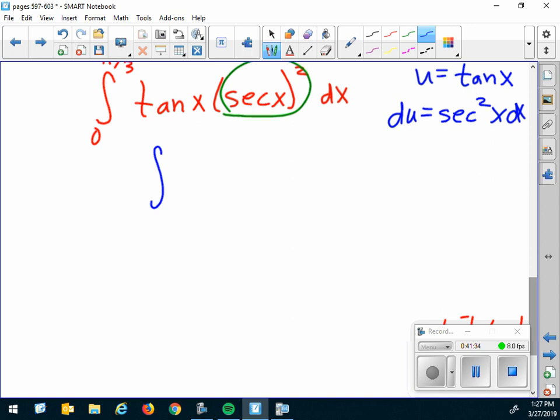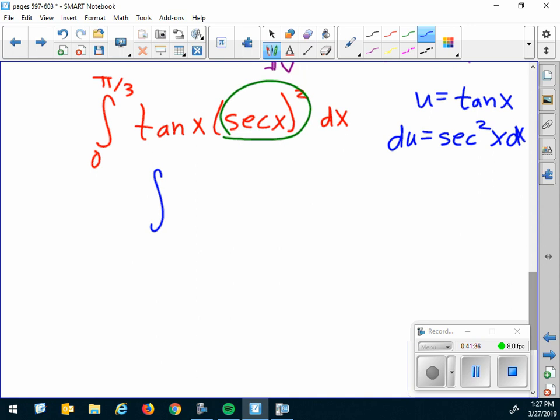I mess up. You guys have known me long enough to know I mess up. What am I going to have right here then? That's it. This is u. Secant squared x dx, all of this is du.